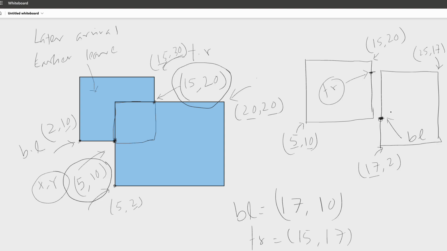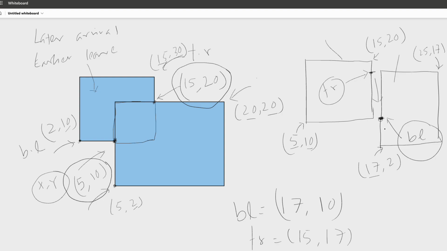So if these two rectangles do not overlap each other, the bottom left point will be on the right side of the top right point, and maybe on the lower side. So this consistency breaks.